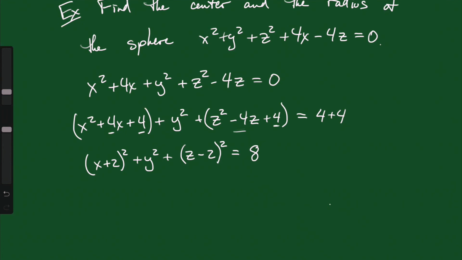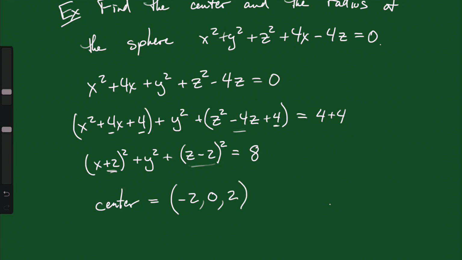So now I'm ready to just read off what's the center and what's the radius. So the center is equal to the point. Well, it's the negative of this, minus 2. Here it's really y minus 0 squared, so 0. And here I've got z minus 2, so the negative of minus 2 is 2.